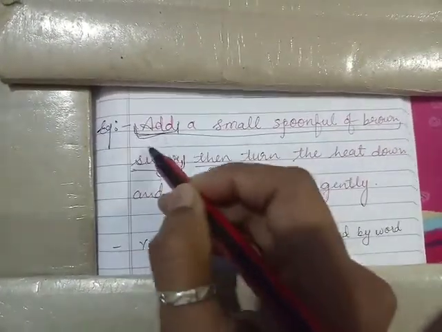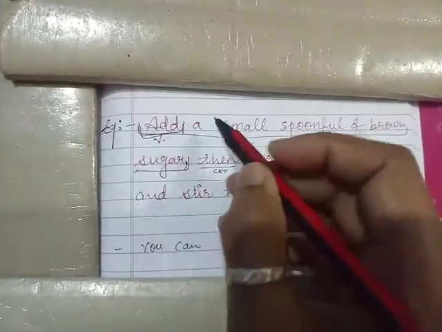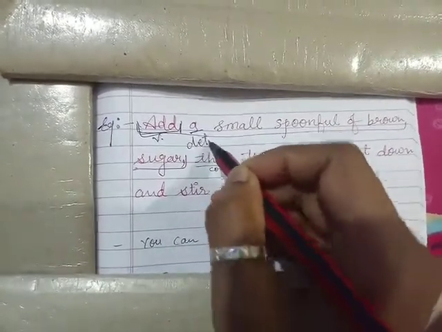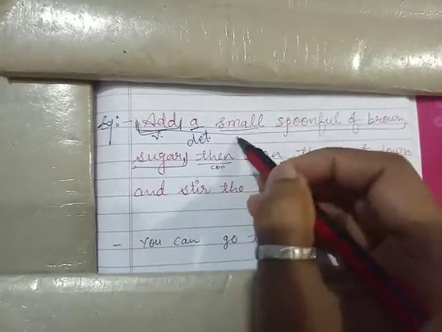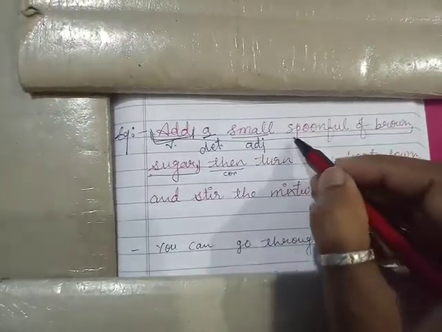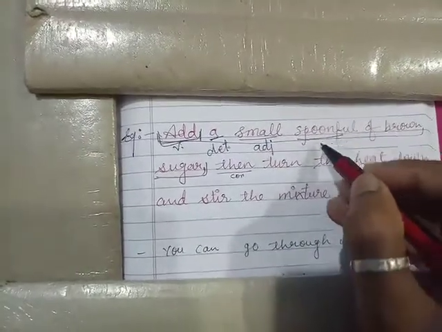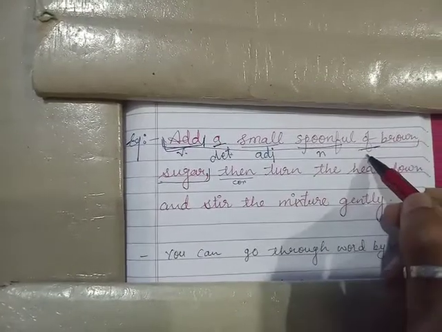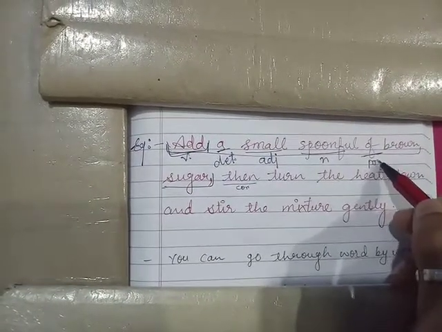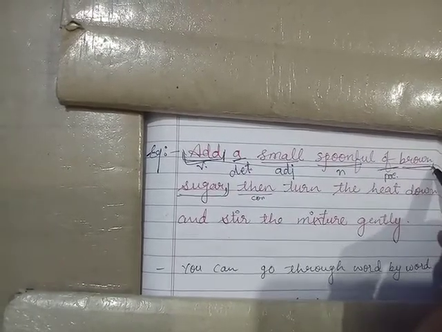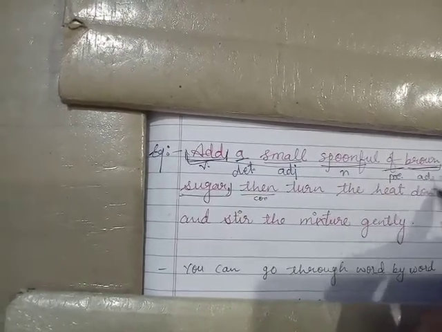Add is a verb. A is a determiner. Small is an adjective. Spoonful is a noun. Of is a preposition. Brown is an adjective.